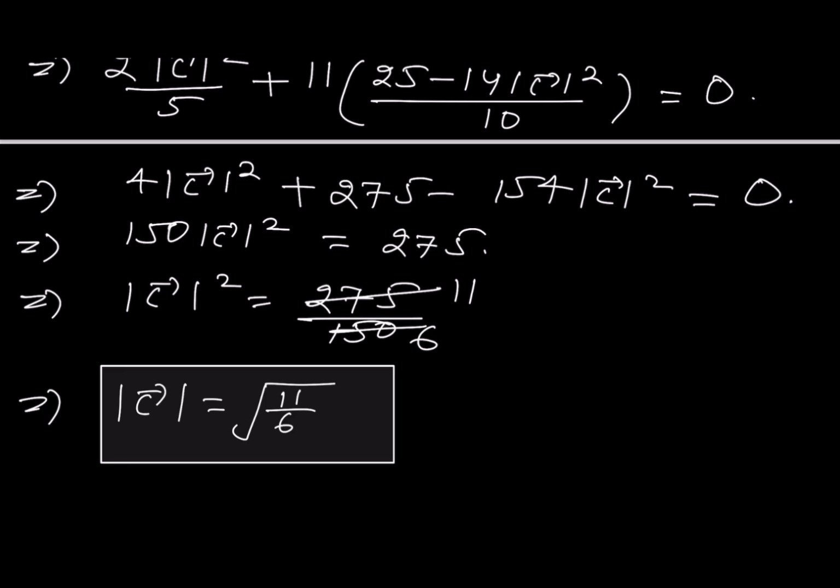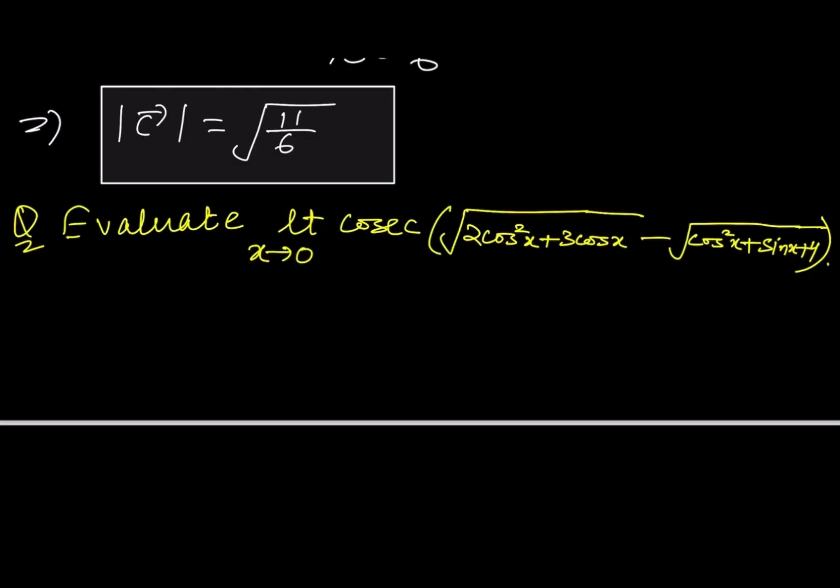Now let's move to the next question, and I am taking the question from limits. The question is, evaluate limit x tends to 0 of cosec x times root over 2 cos square x plus 3 cos x minus root over cos square x plus sin x plus 4.